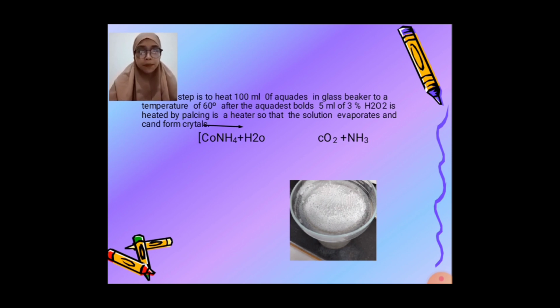The first step is to heat 1000 ml of aquadest in a glass beaker to a temperature of 60 degrees. After the aquadest boils, 5 ml of 3% H2O2 is heated by placing it on a heater so that the solution evaporates and can form crystal.